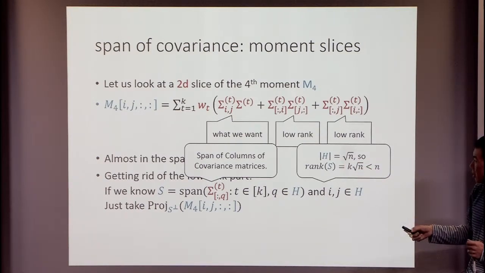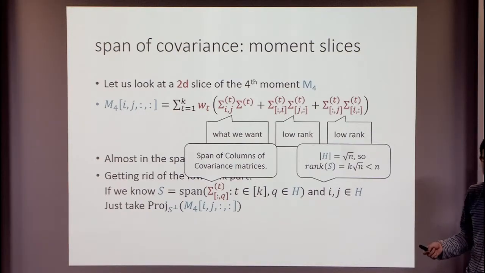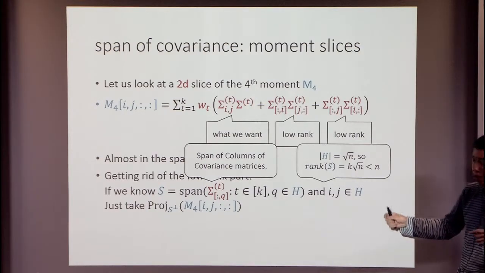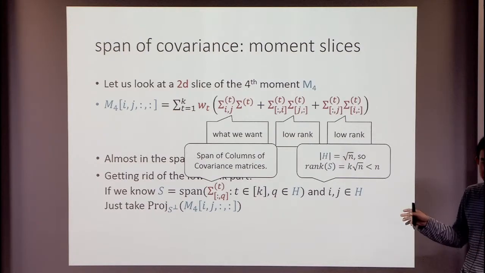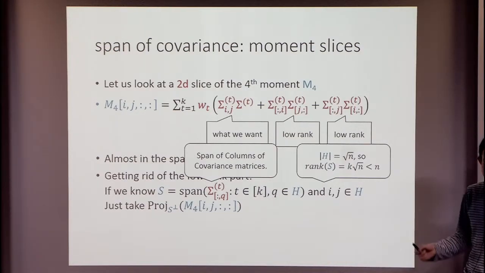But the dimension of the span of the covariance matrices is only k. So we have n vectors in a k-dimensional space. In the good case, we can hope all these n matrices span the entire k-dimensional space. And again, we need to use smoothed analysis to say that this is indeed true.